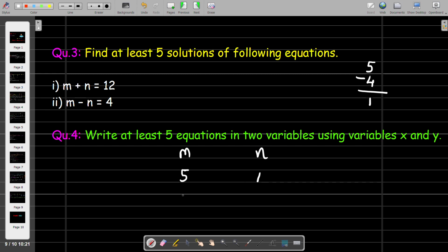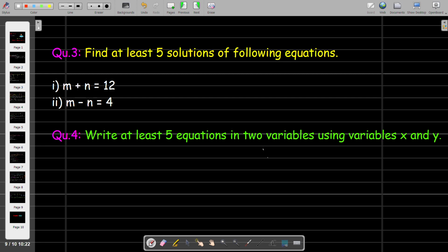If we take the value of m equal to 6, then to find the value of n, we subtract 4 from 6. We will get 2. If you take the value of m equal to 7, then to find n, we subtract 4 from this value of m. That means 7 minus 4 is equal to how much? 3. In this manner, we will find the remaining pairs of m and n.